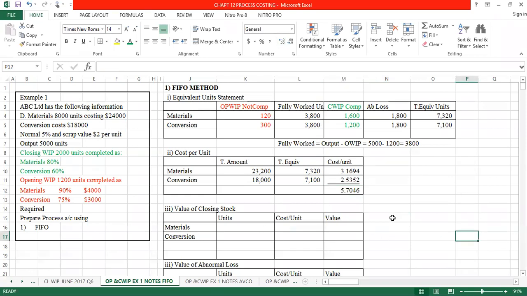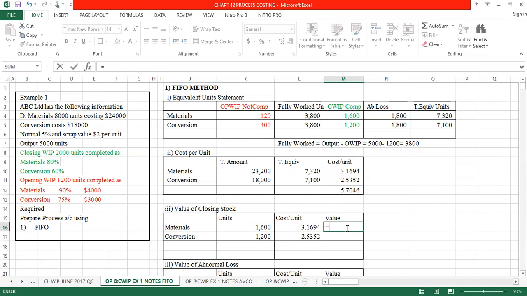So value, let's start with value of closing stock. What is our closing stock? That and that. Cost per unit is that and that. That is cost per unit.